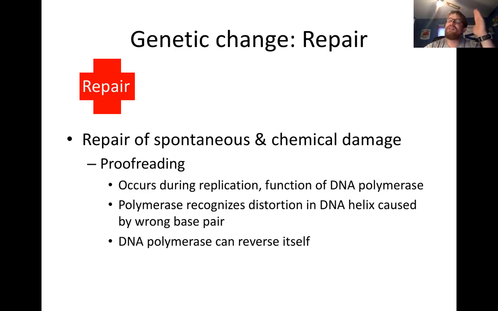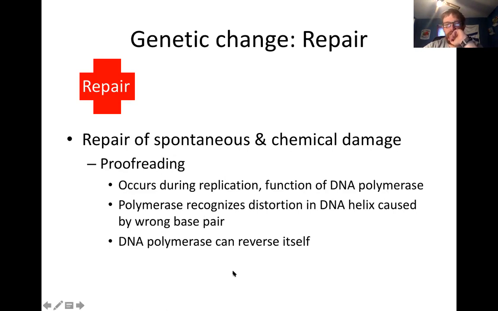So not only can DNA polymerase lay down the new nucleotides, right, as we're replicating a strand of DNA, it also has the ability to slightly back up, right, and read what it's done, right, proofread, look at its handiwork. And the way it detects this is kind of cool.